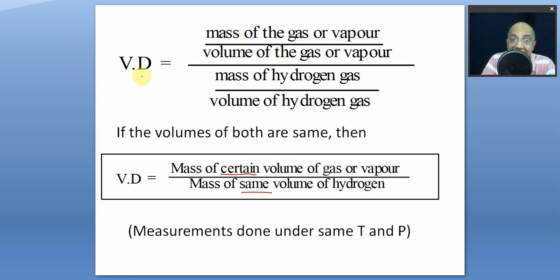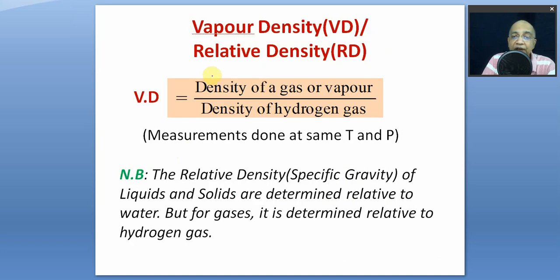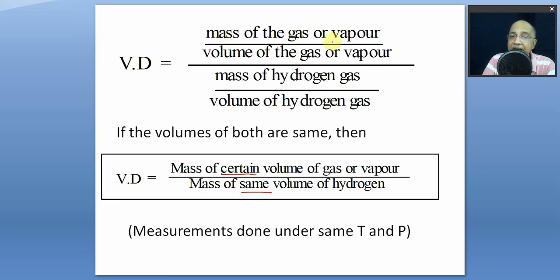And VD of a gas can have a very simplified definition because we can convert it to mass divided by volume. The density of a gas is nothing but the mass of the gas divided by the volume of the gas. And similarly, density of hydrogen is mass of hydrogen by volume of hydrogen. And if the volume of the gas and volume of hydrogen are made equal, then these two terms will cancel.